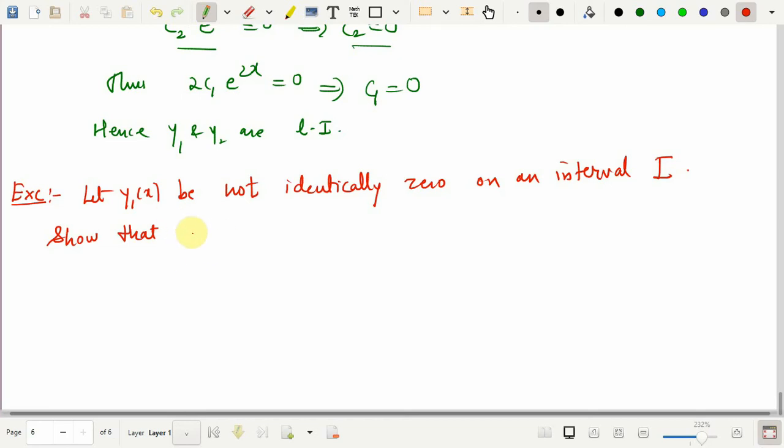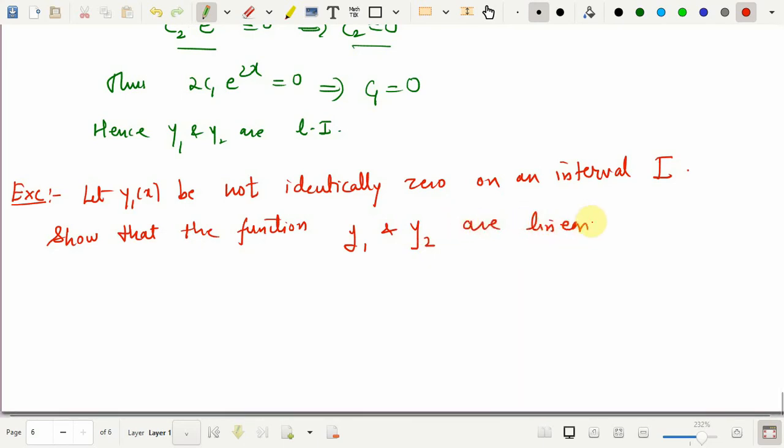Show that the functions y1 and y2 are linearly dependent if and only if one of them can be written as a scalar multiple of the other.